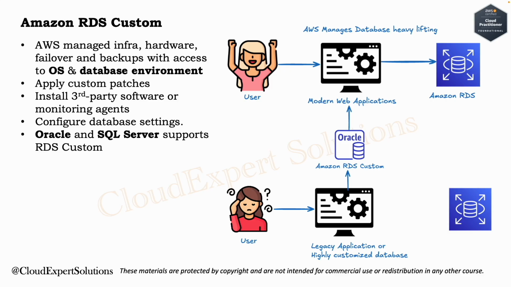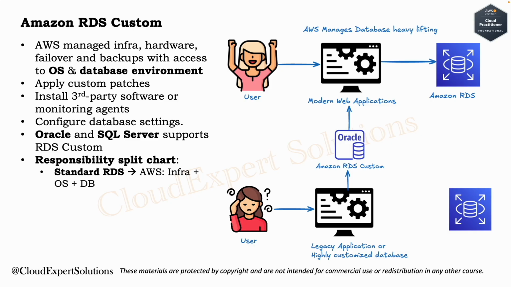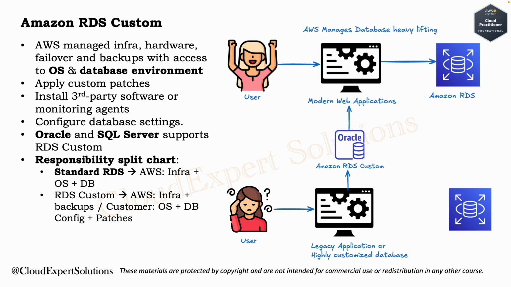And now let's compare standard RDS versus RDS Custom with respect to the customer's responsibility. With standard RDS, AWS handles the operating system, database, and infrastructure. It's a fully managed package. With RDS Custom, AWS handles infrastructure, high availability, and backup, but you as a customer should handle the operating system and database customization.